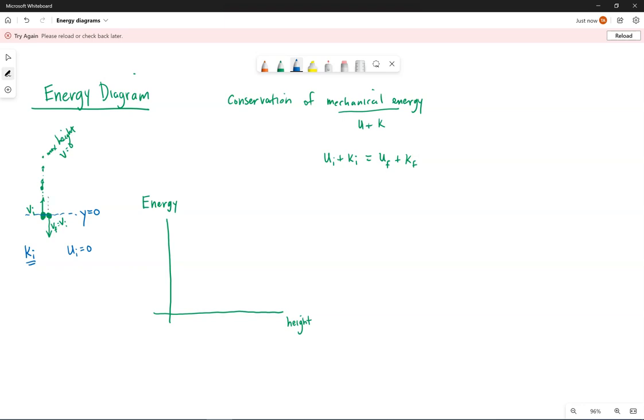As the ball moves upwards, at any given point in between leaving my hand and maximum height, the ball will have some potential energy and some kinetic energy.